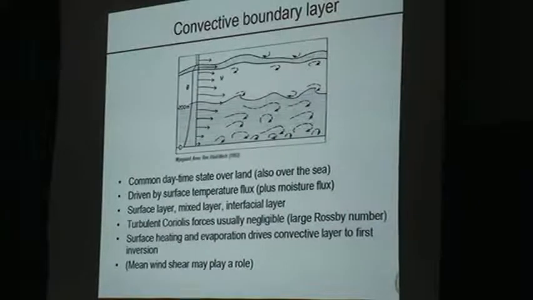In this flow, the turbulent Coriolis force is usually negligible. Surface heating and evaporation drives this convective layer. So mean wind shear may play a role, but it's not as important as this convective effect.